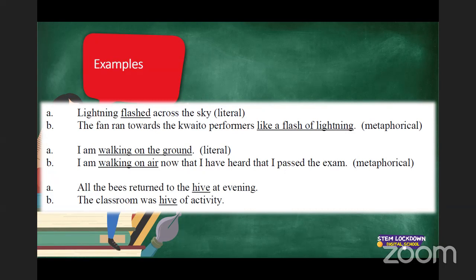You can't exactly walk on air either, okay? But we mean that I'm very happy. There are no bees in the classroom, unless it's one unfortunate day where there are literally bees and they chase people out of the classroom. But in the literal sense, there are no bees in the classroom. The children are just very busy, okay? So in each of the second sentences, we are using a figure of speech, okay?